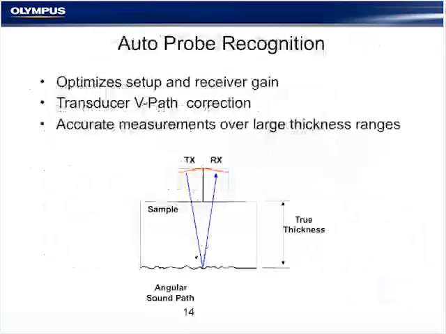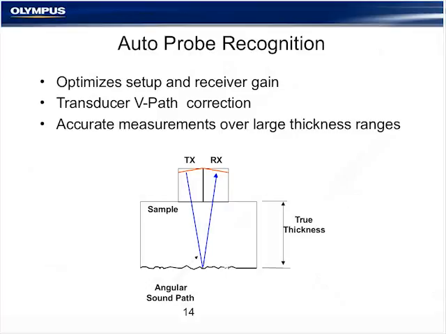So if we look at a couple of these advantages in more depth, auto probe recognition is kind of a broad topic, actually. This covers a lot of the concerns that a flaw detector user would have when approaching a corrosion application with a dual probe.